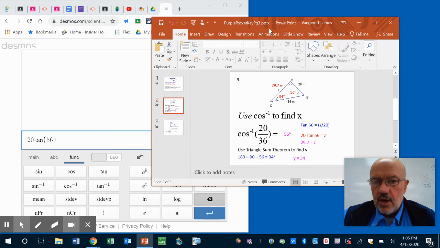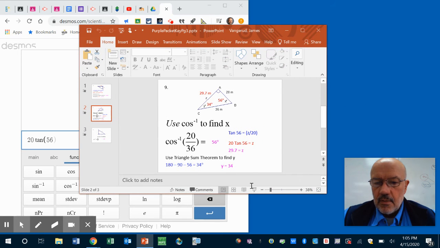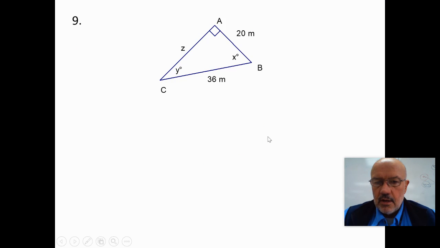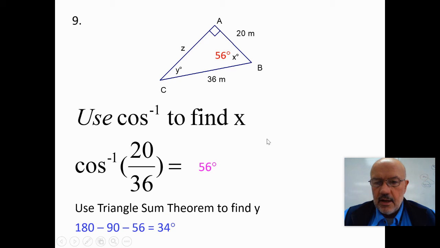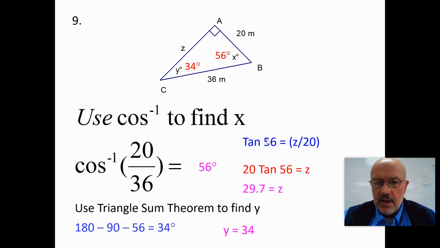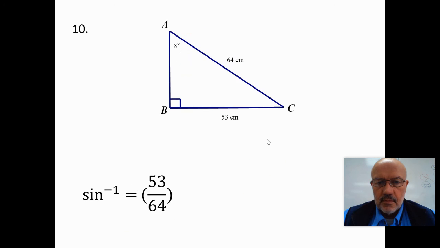Okay, so here you go. We had already done that. And we had started with this. That's 29.7 for side length. And there's number 9. We found all 3 of those things using our tools.